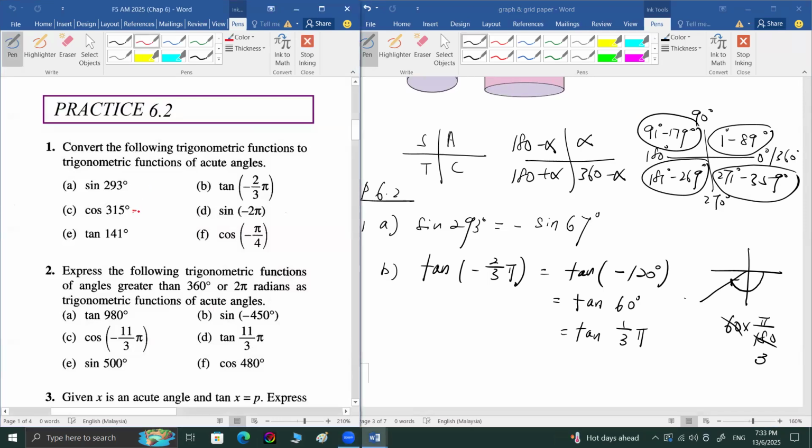C, you get cos 45. And D, you get sine 0.